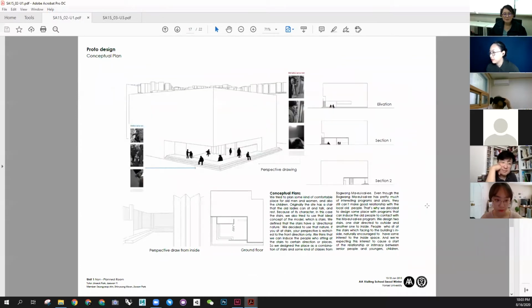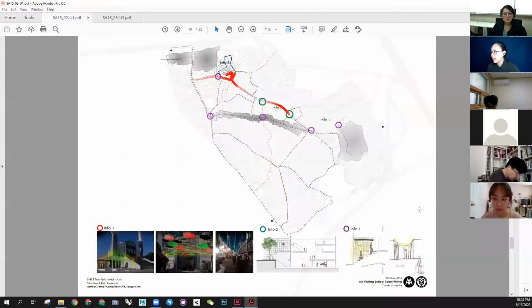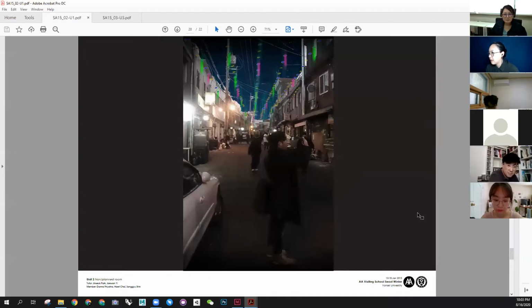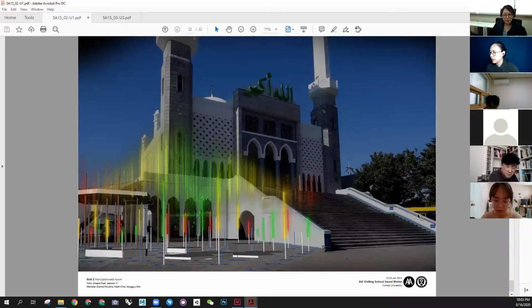So there are different diagrams, such as just by changing certain corners, or adding certain elements in the facades, to trigger certain programs and social behaviors. So it's a very interesting agenda, which you can see is slowly getting very, very different.